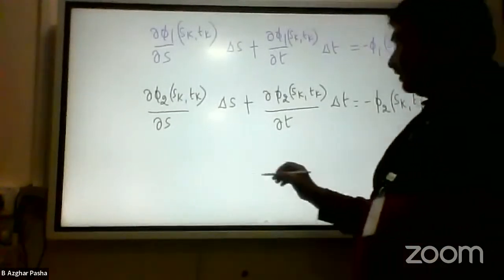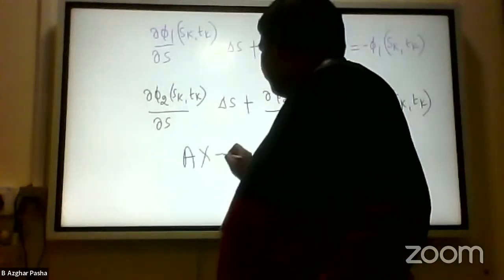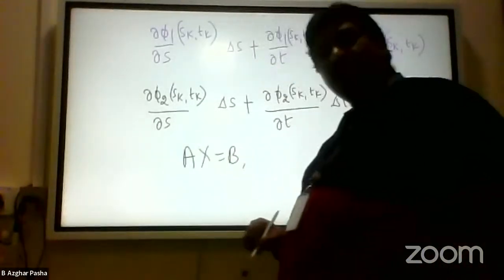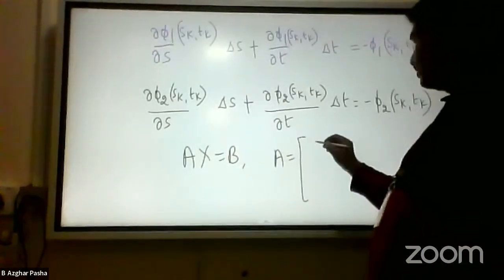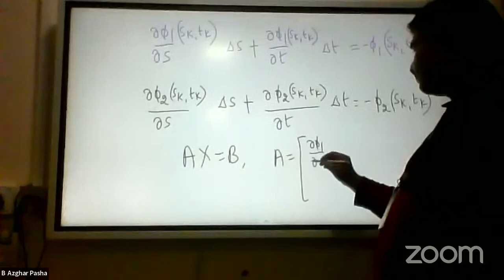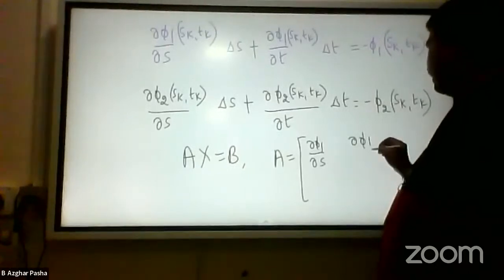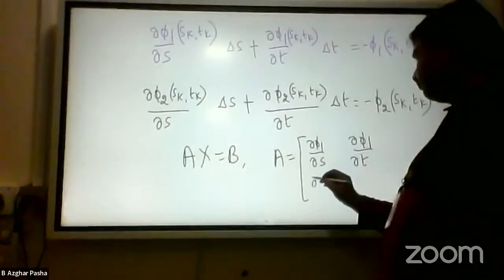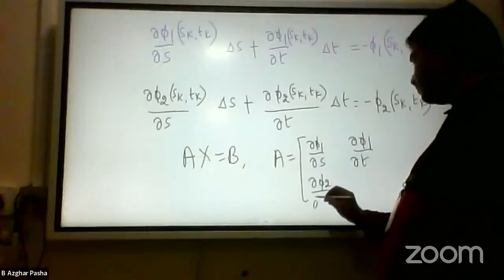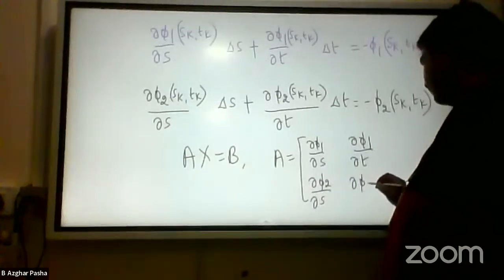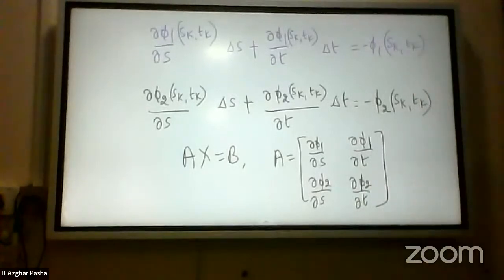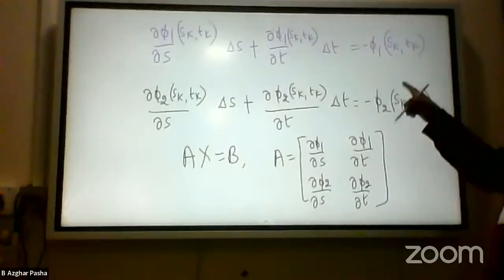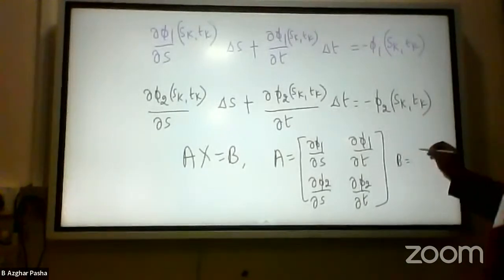So it's a matrix like this, Ax equals B, where A is the coefficient matrix, dou phi1 by dou S, dou phi1 by dou T, dou phi2 by dou S, dou phi2 by dou T, and B is the right hand side part, minus phi1, minus phi2.